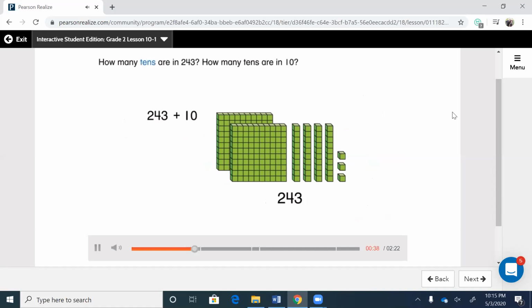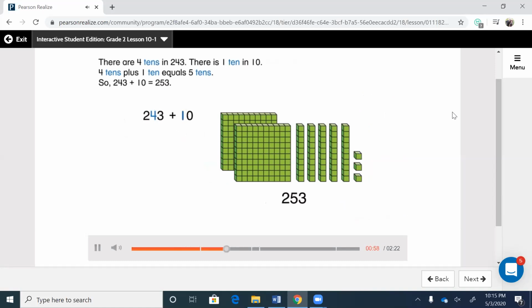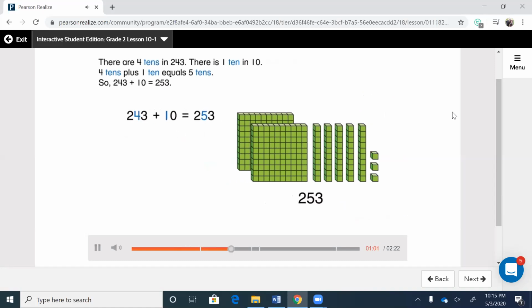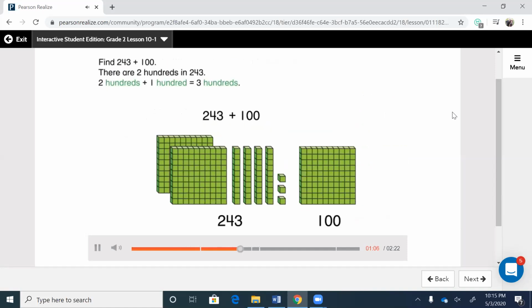How many tens are in 243? How many tens are in 10? There are 4 tens in 243. There is 1 ten in 10. 4 tens plus 1 ten equals 5 tens. So, 243 plus 10 equals 253. Find 243 plus 100. There are 2 hundreds in 243. 2 hundreds plus 1 hundred equals 3 hundreds.